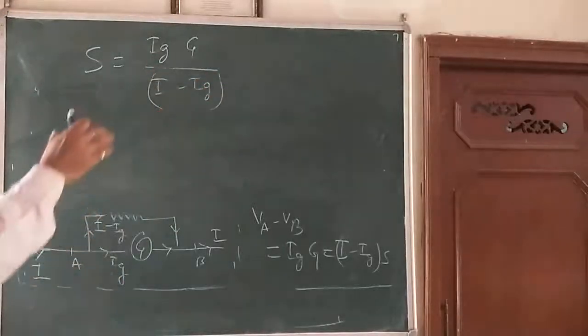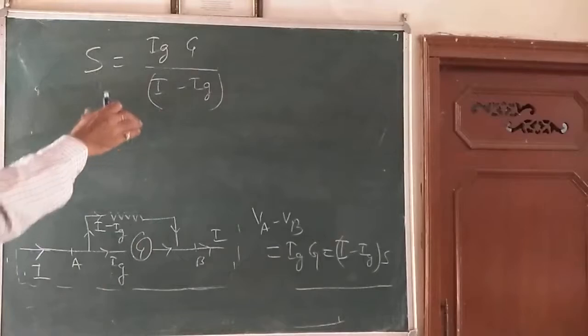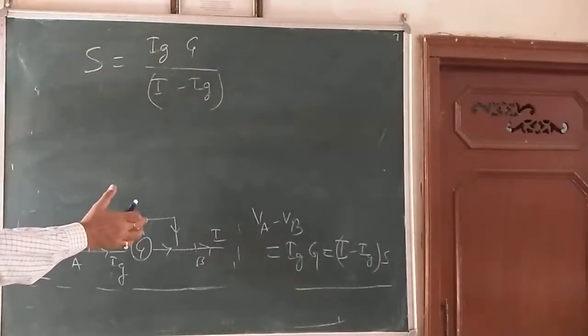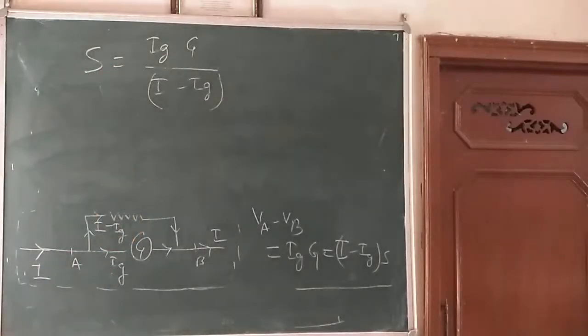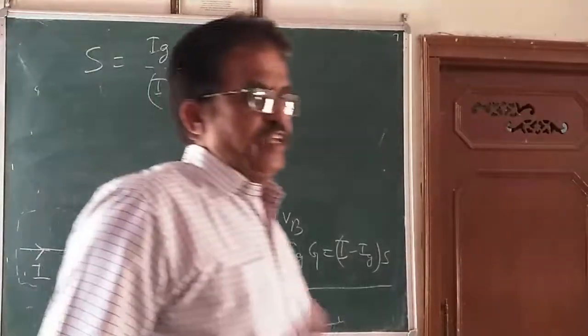With the help of this formula you may calculate S, and S is connected in parallel with the galvanometer. Then this device works as an ammeter.